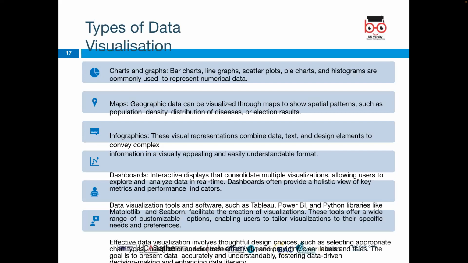Geographic data can be visualized through maps to show spatial patterns such as population density, distribution of disease, or election results. The next one, infographics. This visual representation combines data, text, and design elements to convey complex information in a visually appealing and easily understandable format.